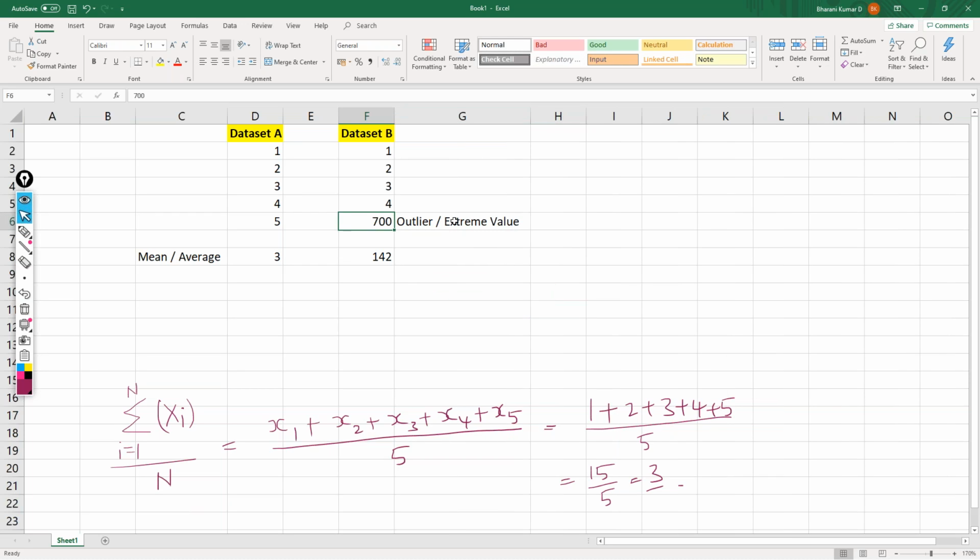This 700 is an outlier or an extreme value because in comparison to the other numbers, this is an entirely different number. This is 3, this is 142. Just because of a single number, your average changed drastically.